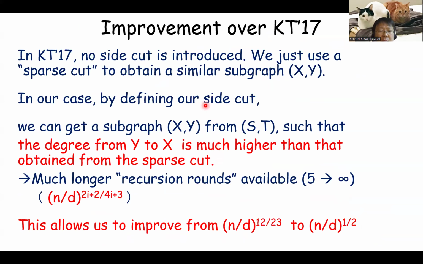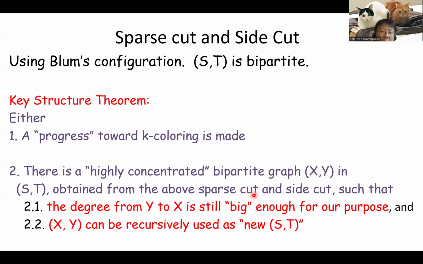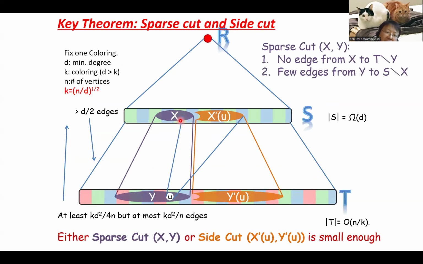And this has some advantage. We can get some subgraph xy such that the degree from the y side to x is much higher than that obtained from the sparse cut. This gives us a much longer recursion. Again, in the previous paper, we just recurse on x here and y here. In the current paper, we recurse here to here instead of s and t.